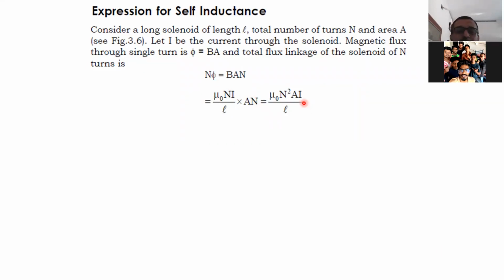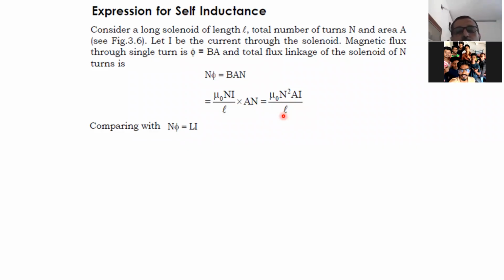And we know that N phi is equal to what? N phi is equal to LI. So if I equate, N phi equals LI, and N phi equals mu 0 N square AI by l. What are we trying to do? We want to get an expression for self-inductance. Comparing these two equations, what is L?